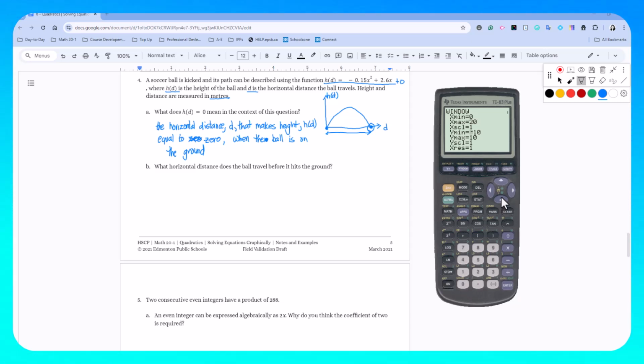And then I'm also going to change my y max to 20. And I'll put about -5 for the y min, and I'll show you in a minute why it's a good idea to do that. So I'm going to hit graph. There we go.